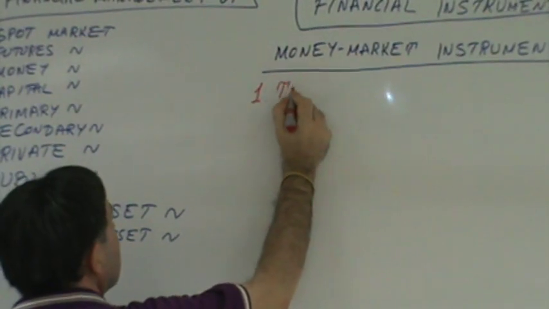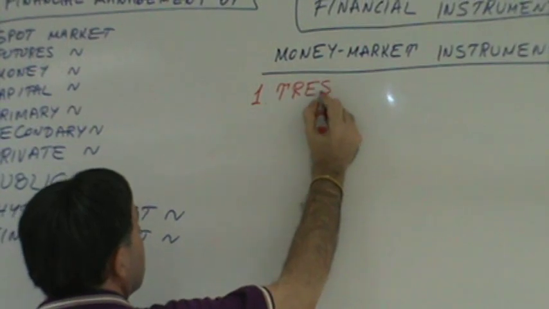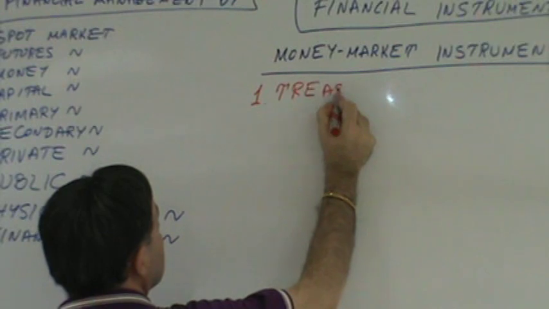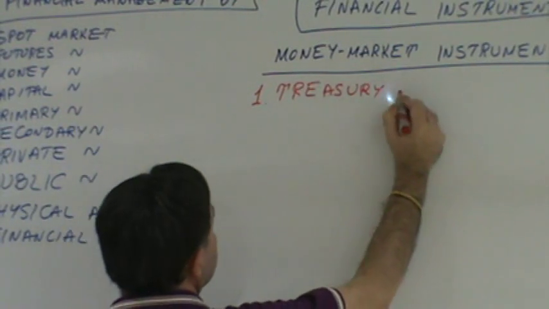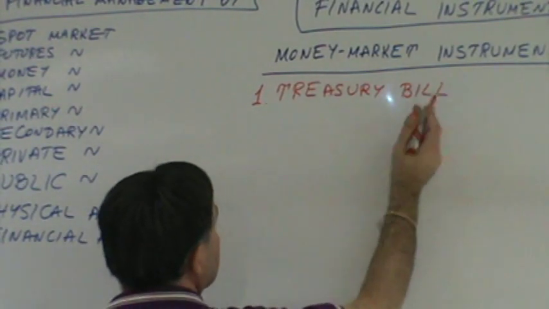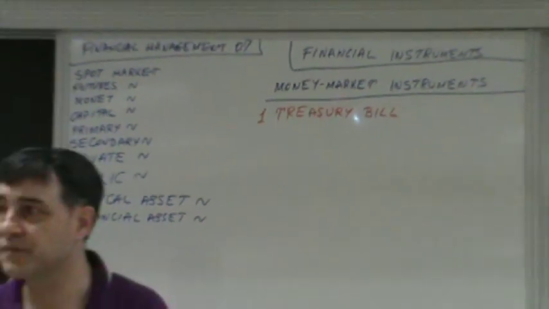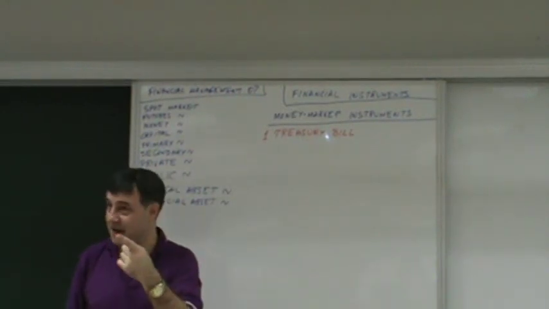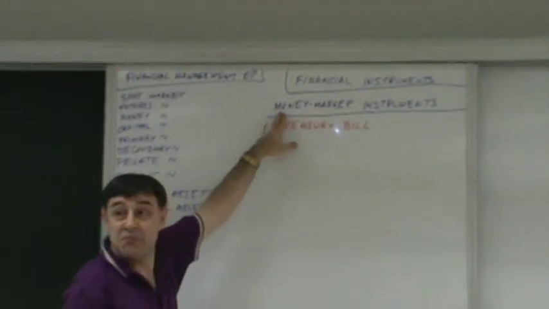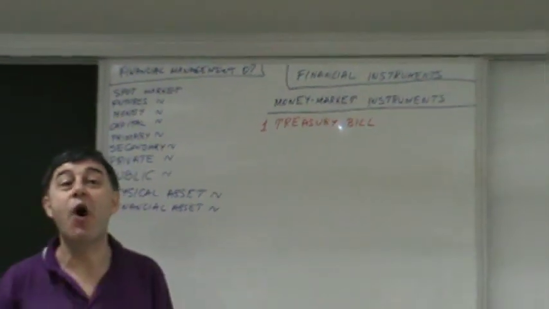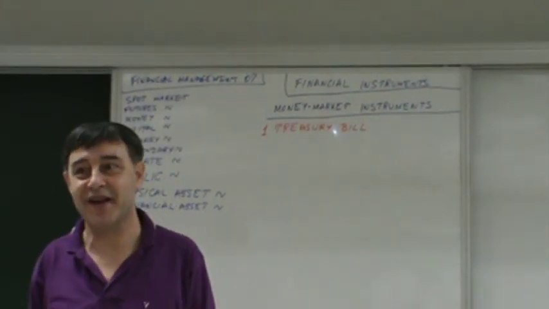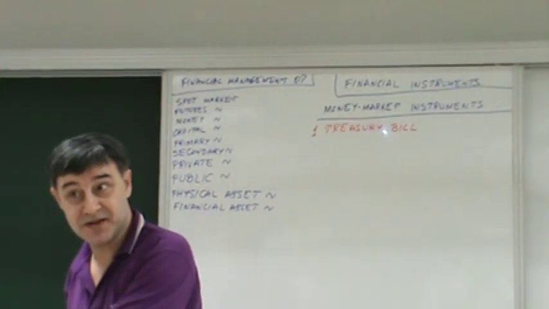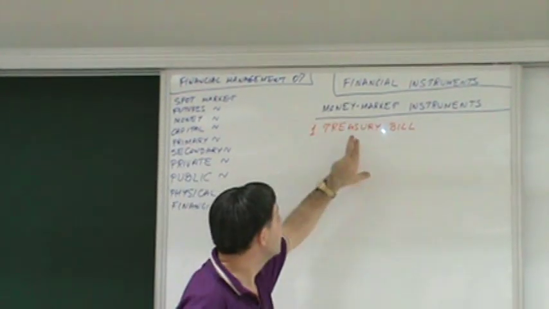Number 1, Treasury Bill. Of course, all of these, without exception, are money market instruments, so the definition always begins in the same way. It's a short-term financial instrument, and then we continue.